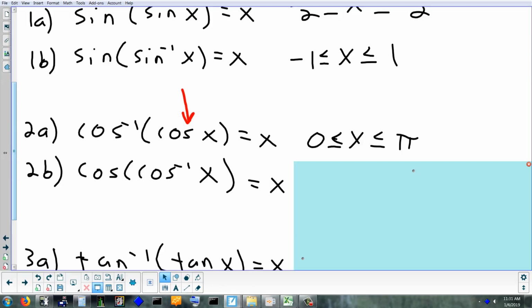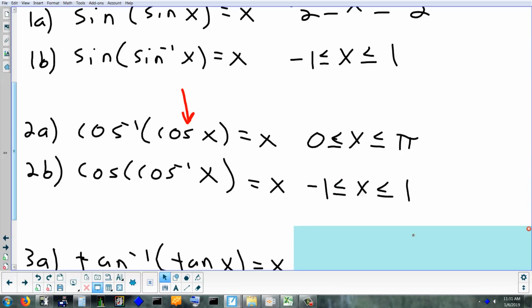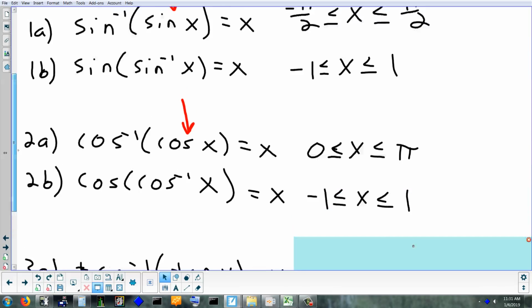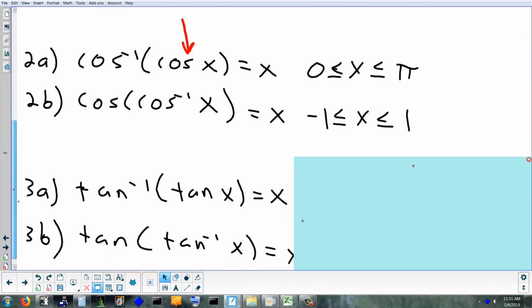So what's the domain of inverse cosine? Or what's the range of regular cosine? Either way. Yeah? It's negative 1 to 1. And we are a little picky here about whether it has the equal to or not. These are all equal to so far. When you get into tangent, then you got to be careful.